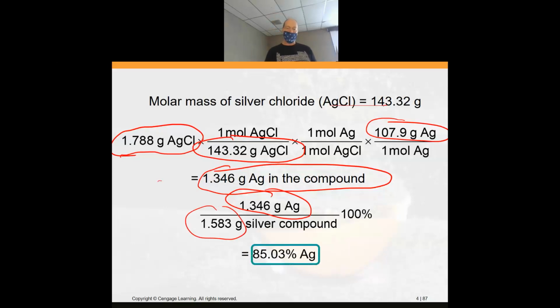And you get 85.03. So remember, sig figs, you have certain number, certain number, certain number, and then the last number will have some uncertainty. So again, if you get 85.01 or 85.03, that is the same answer. It's just a rounding, how people round, how people give the molar masses. So that is the same answer.